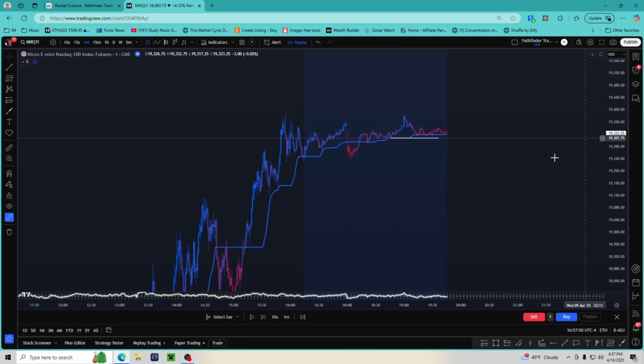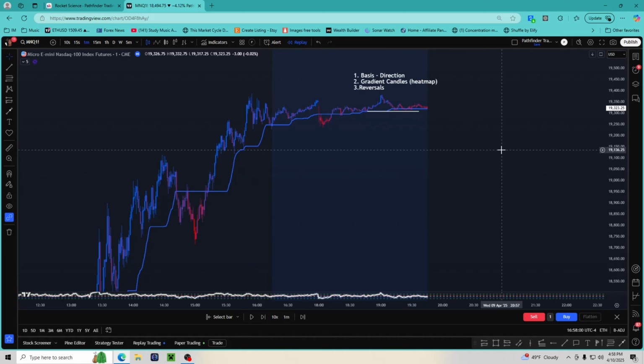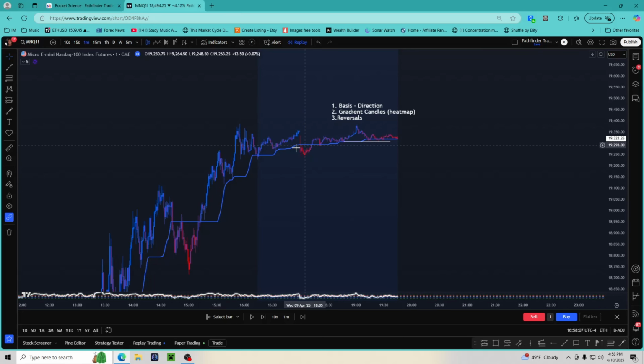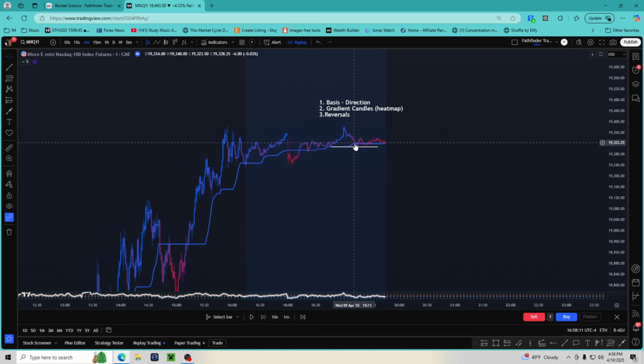So this market is moving up here, and you had 3 levels that were potential reversals that the market did not actually reverse from, but it did give an attempt. This was the first one, this was the second one, and then this is the third one, okay, which you can see is much closer together. So we're going to cover that right now.